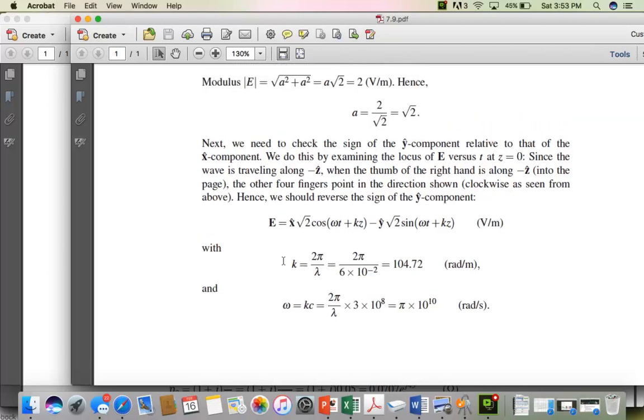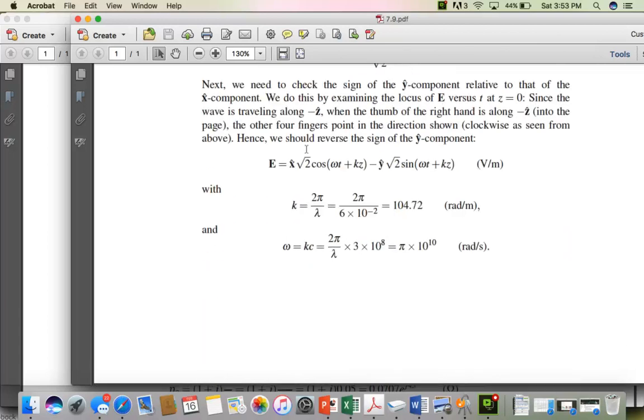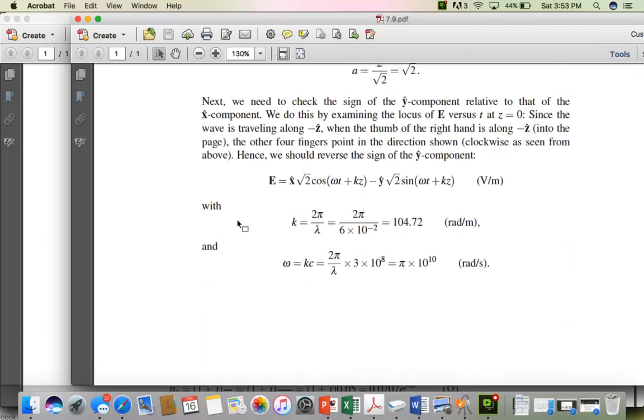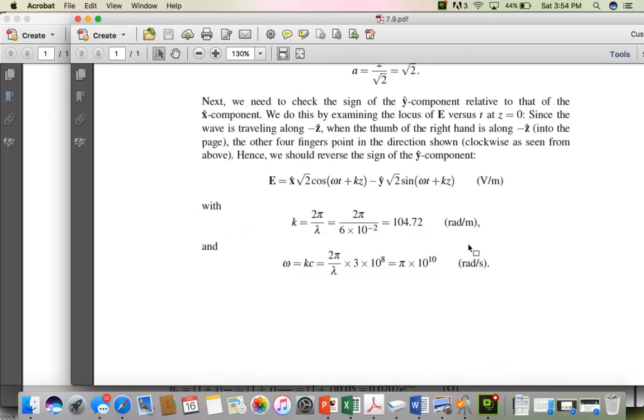We can talk a little bit about the placement of the negative sign here for the y hat component. So we're told it's traveling in the minus z hat direction. We're told it is right-hand circularly polarized, but remember that things go in the direction of x, y, z, and it's traveling in the minus z direction.